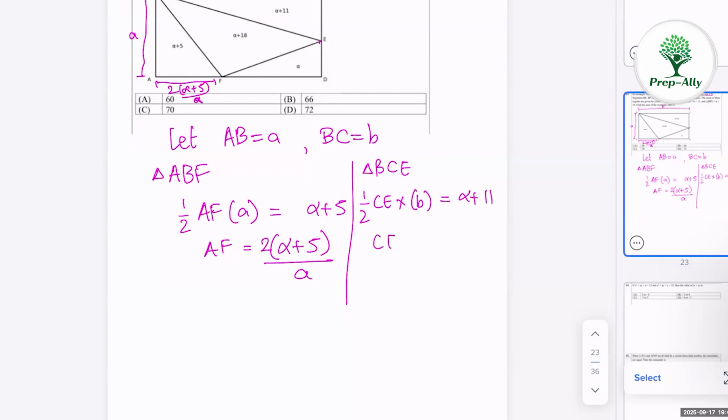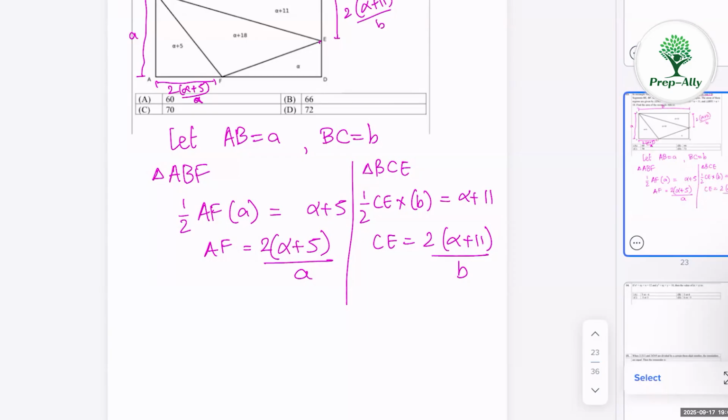So we can write CE as 2 times alpha plus 11 by b, right?